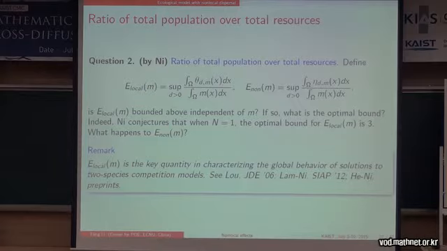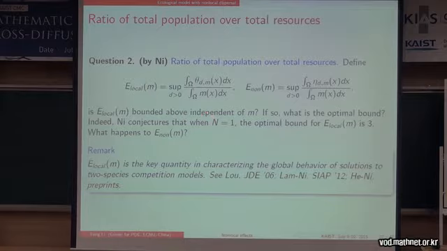For the local case, there's a conjecture by Professor Wei Mingyi. His conjecture is that it is bounded above independent of m, and the optimal bound is 3. Similarly, we ask what happens in the non-local case.